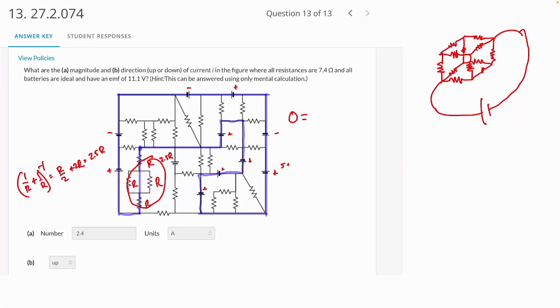So now I'm at 4 because of the minus, and I'm back up to 5, and then I'm down to 4, 3, 4. So that means 4 times my voltage minus my current times 2.5 R. That's my entire loop. Solve for current. I know 4, and I know 2.5, and I know my resistance, 7.4 ohms, right?